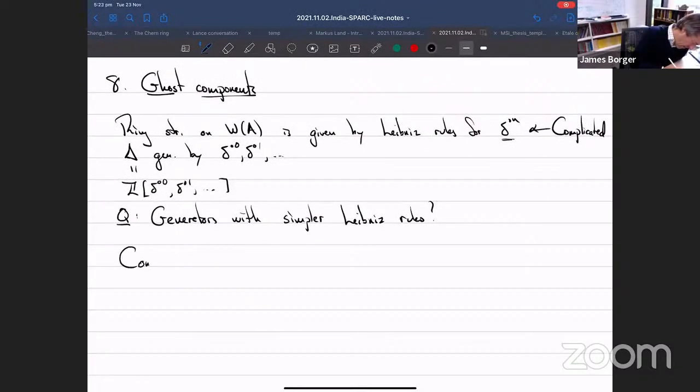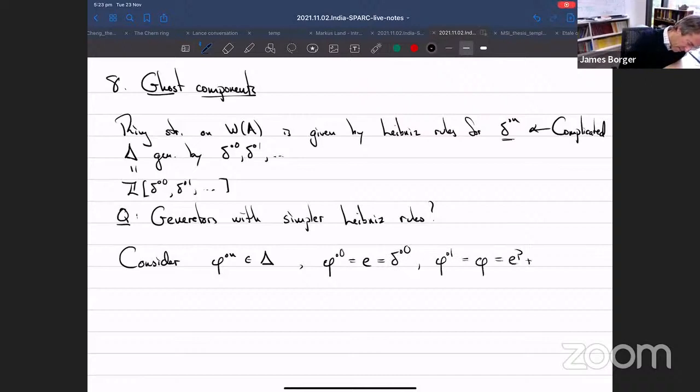I'll tell you, we'll consider the iterates of phi in delta. The 0th iterate of phi, sometimes I call that just the identity operator, or the 0th iterate of delta. The first iterate of phi is just phi itself, which is the identity operator plus p times delta, and so on.